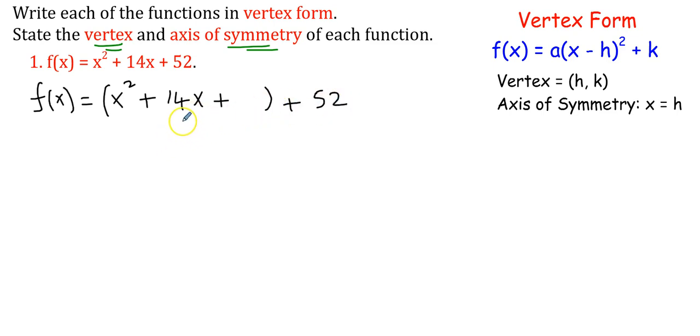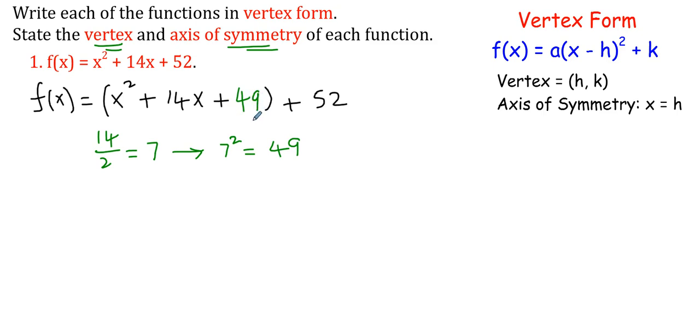Now in the next step I have to divide this 14 by 2. What is half of 14? That gives me 7, and a 7 on squaring will give you 49. 7 times 7 is 49. So that 49 I'll add here.